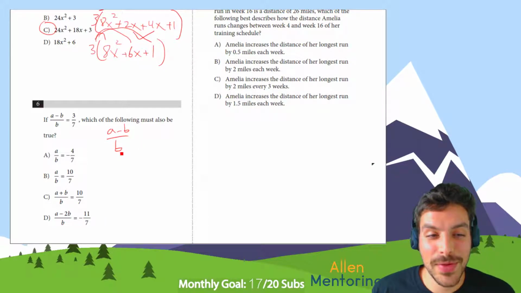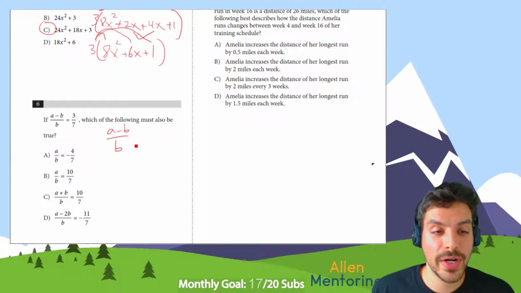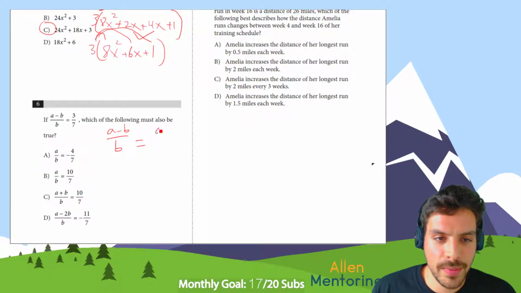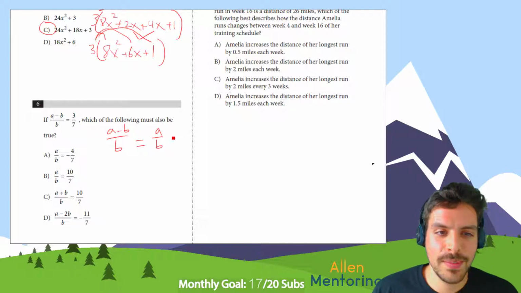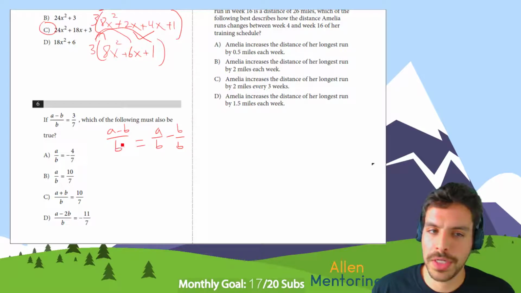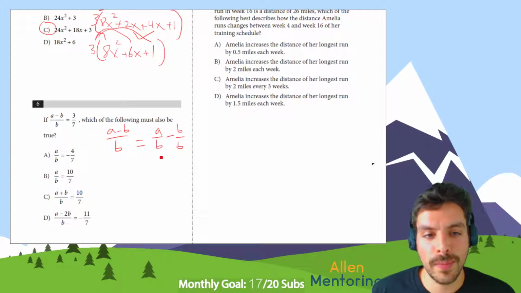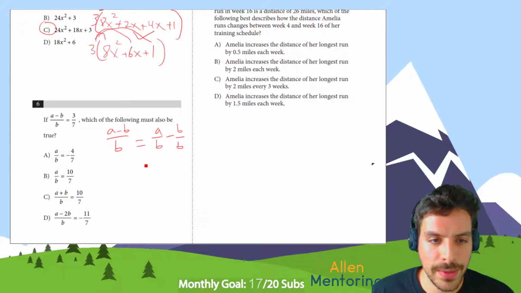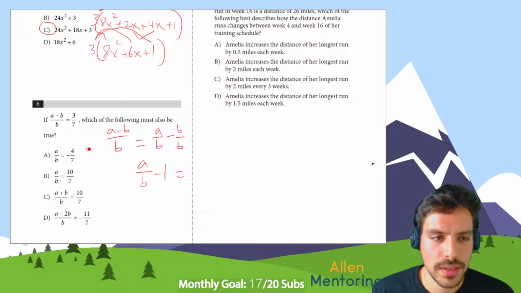Well, if you have a single denominator and multiple things in the numerator, you can actually separate them by dividing each of them by the denominator. Okay, so these two are equal right here. And so if this is the case, b over b is equal to 1, right? So I can rewrite this as a over b minus 1 is equal to 3/7.